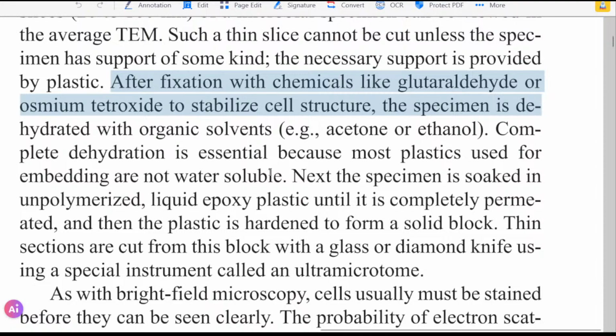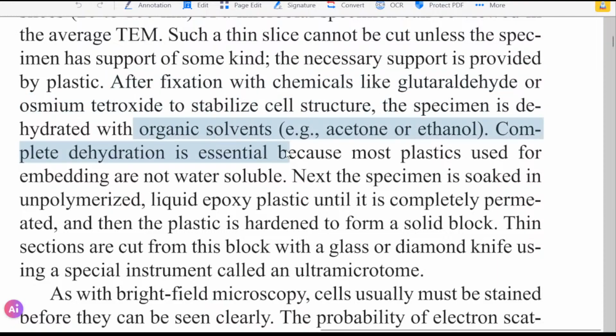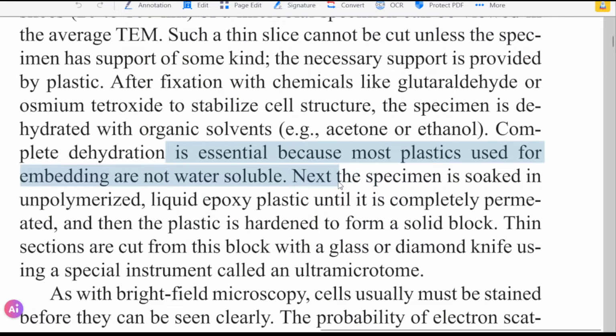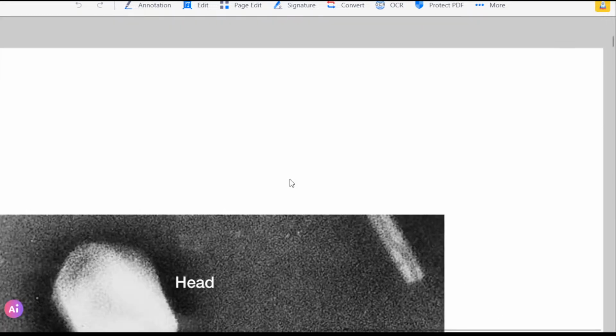The water content is removed with organic solvents such as acetone or ethanol. Complete dehydration is essential because most plastics used for embedding are not water soluble. Like they need to stick the microorganisms to this plastic, and the attachment doesn't work where the water quantity is high.